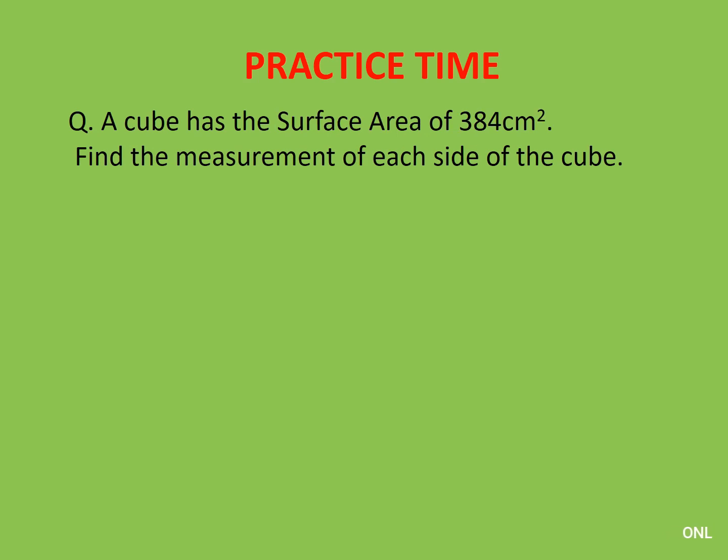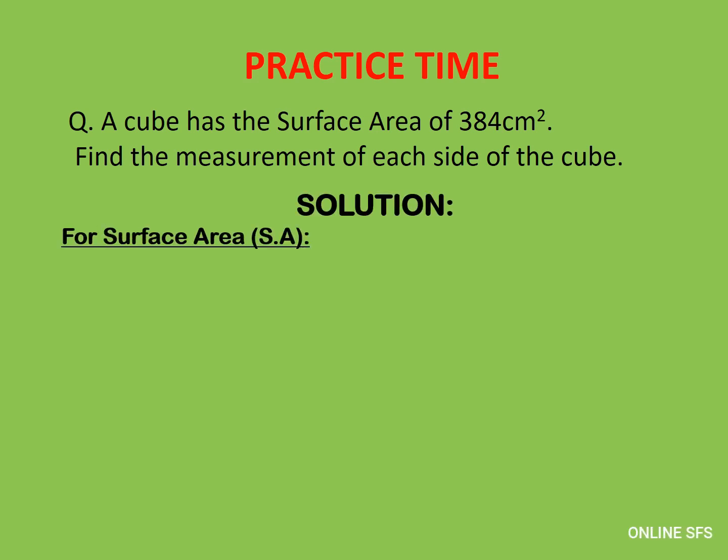The next question is, a cube has the surface area of 384 square centimeters. Find the measurement of each side of the cube. Over here, we have been provided with the surface area of the cube. So, by using the formula of the surface area, we will find out the measurement of each side of the cube. The formula for surface area is 6a square.